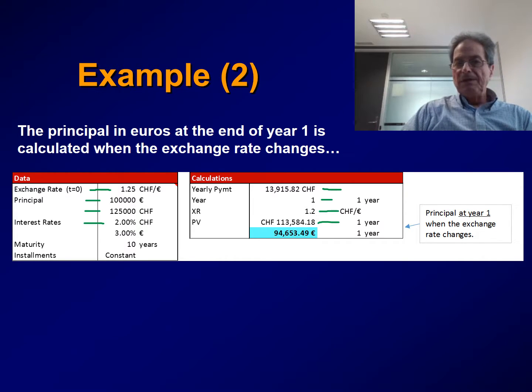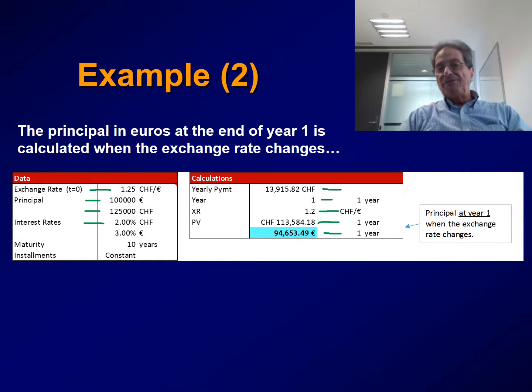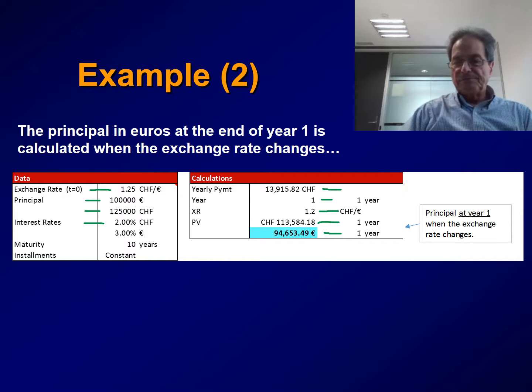The present value will be 113,584.18 Swiss francs. Now we translate that into the equivalent amount in euros using the new exchange rate of 1.2. So my principal at the end of year one, in terms of euros, will be 94,653.49.